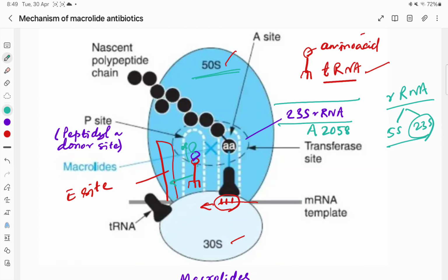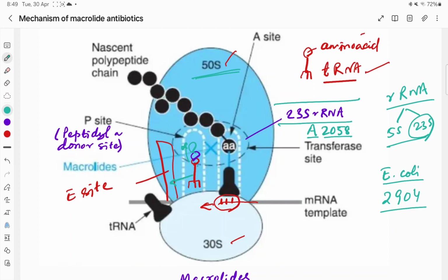In E. coli, Escherichia coli, there are 2904 nucleotides, so it is 2904 bases long, and in that, the adenine at position 2058 is the site to which these macrolides bind.